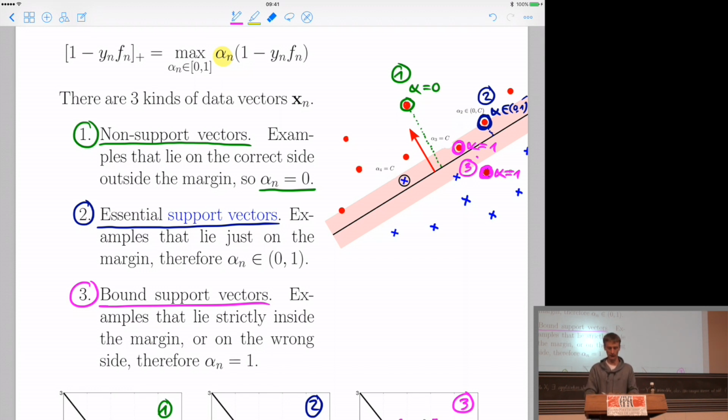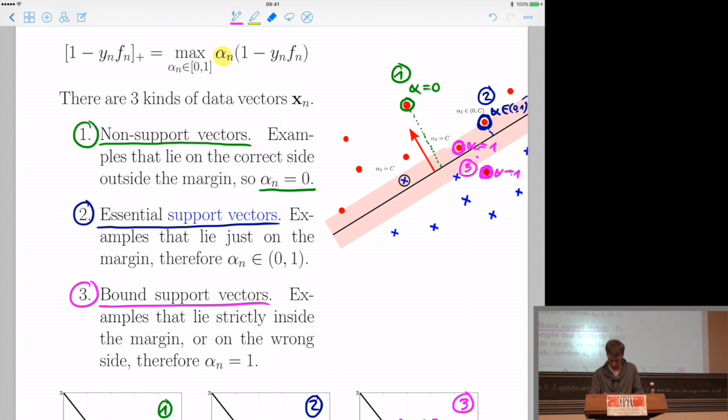But once you have trained, you can remove them. And that's something you don't know if you only do the original problem. But this is some interpretation we gained now additionally by taking this dual view. So now this is the information that the alphas carry. In general, this might depend on the problem, but for the SVM, they carry this information because you can just look at the case distinction of what they can possibly be.